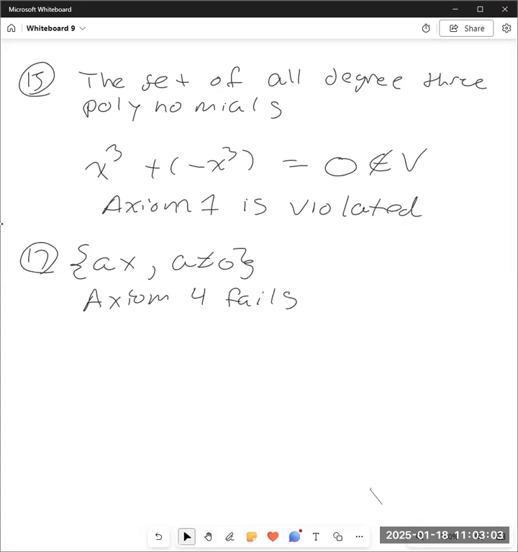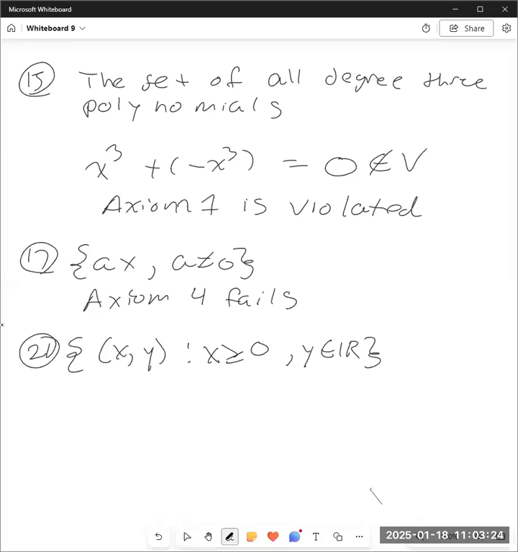And then number 21, the set of all ordered pairs x, y in R2 such that x is greater than or equal to 0, and y is any element of the real numbers.